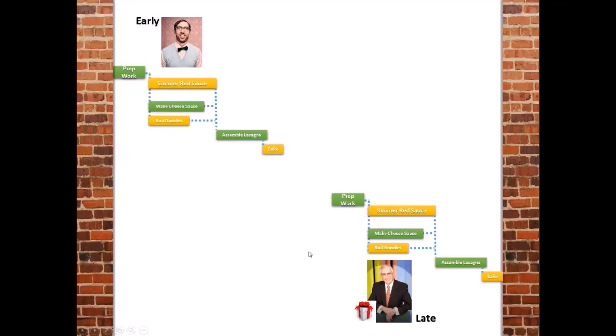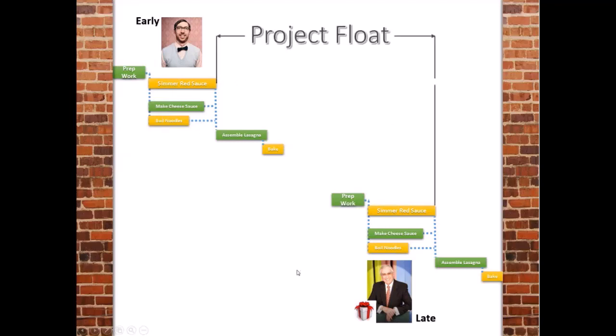But let's take a look at, remember our critical path here? If you take any point on our critical path, let's say the early finish here for the red sauce and the late finish for the red sauce, the distance between the two, and remember, distance and time are related here.